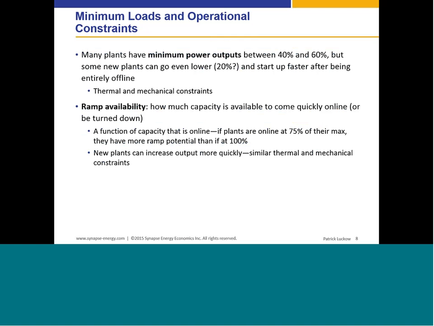This is due to thermal and mechanical constraints. Temperatures can't get too high. There are pollutant emission limits beyond just CO2 that would be exceeded if they were operating below those levels. So these really pose a constraint on those power plants and then the system as a whole, as there's a large number of those power plants on the grid.